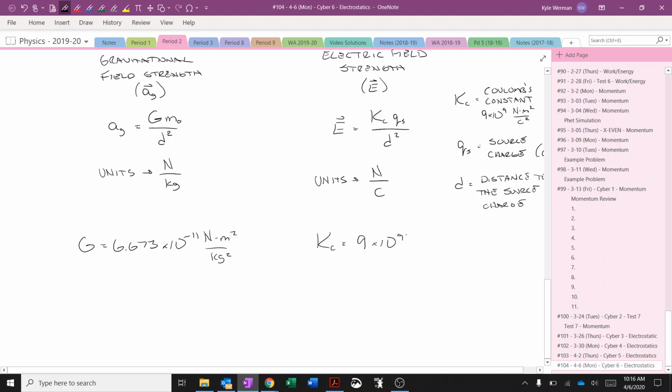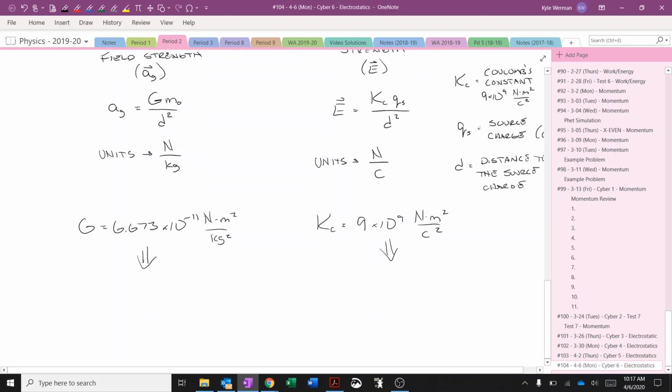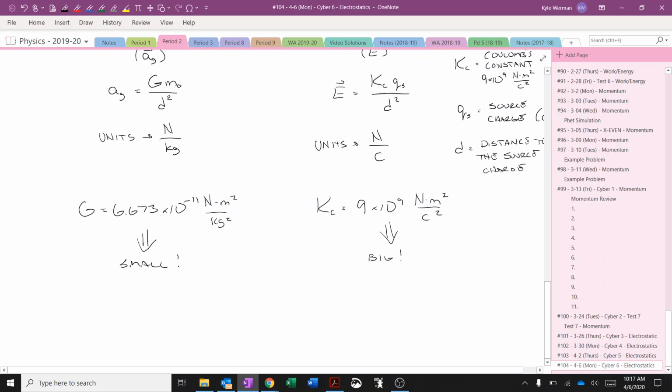Right? 10 to the 6 is million, 10 to the 9 is billion. So 9 billion Newton meters squared per Coulomb squared. How do those numbers compare? Well, hopefully you recognize one's to a negative 11, one's to a positive 9. This is really small, whereas this is really big, which relates to the strength of the fields themselves.